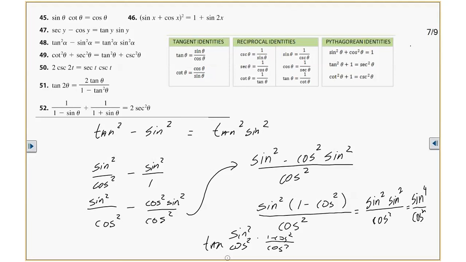What's sine over cosine? Tangent. And what's all this? 1 minus cosine squared is equal to sine squared. Sine over cosine is equal to what? Tangent. Tangent times tangent is going to give you tangent to the fourth. That's not going to work.